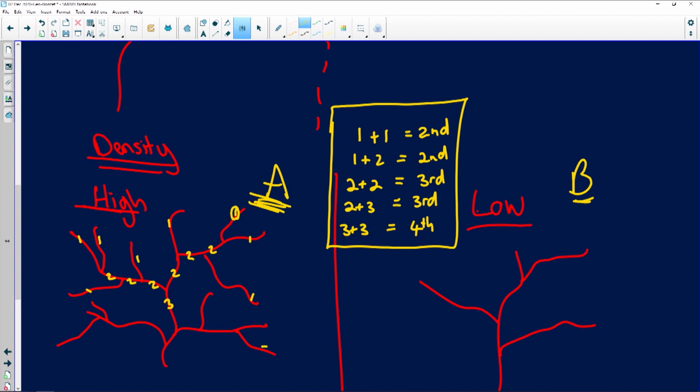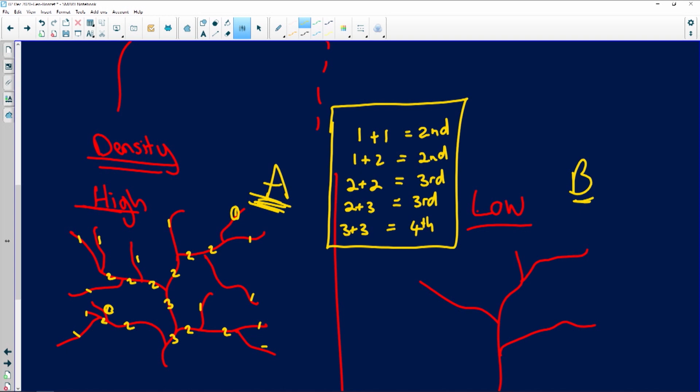A first stream order plus a first stream order makes it a second. A first and a second makes it a second. A third and a second stays a third. There's a first, another first, it stays a second. A second and a first stay a second.